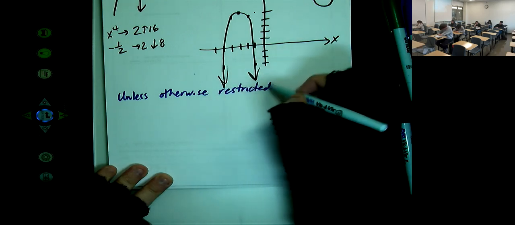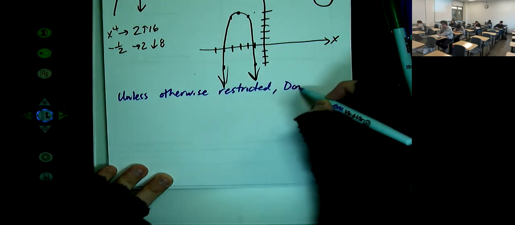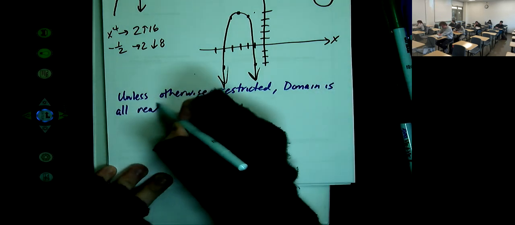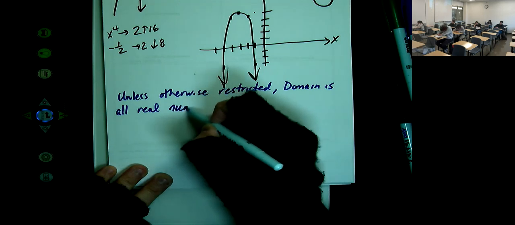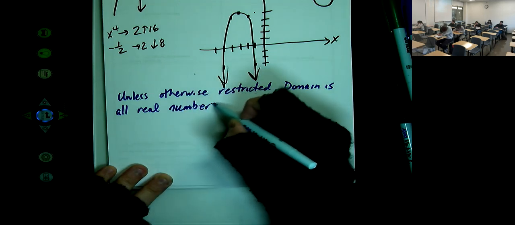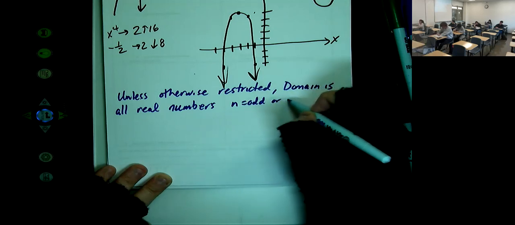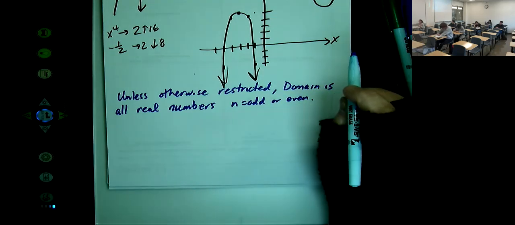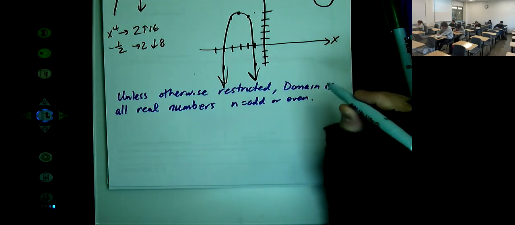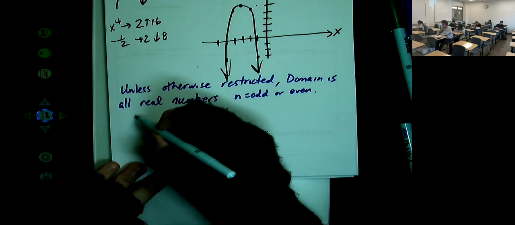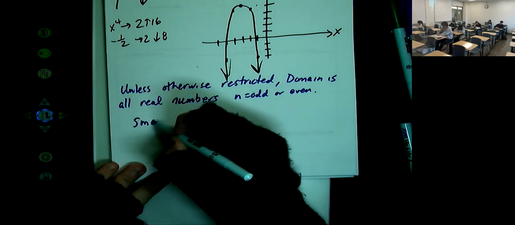So unless otherwise restricted, the domain for all of them is all real numbers, whether n is odd or even. They are said to be smooth and continuous curves.